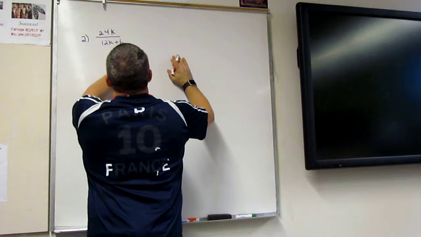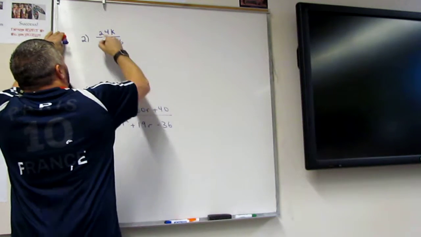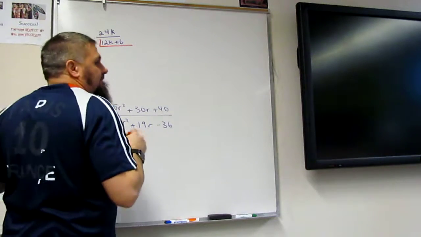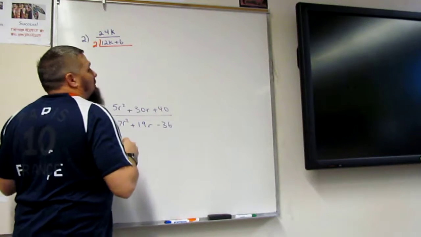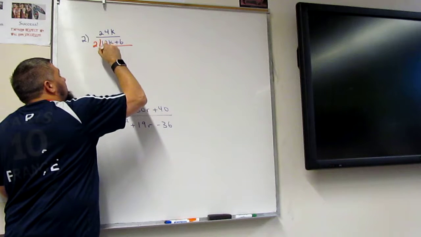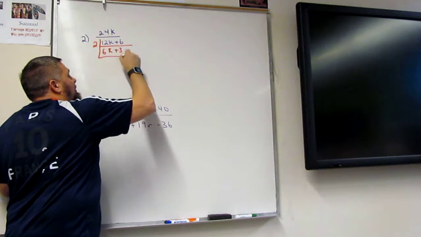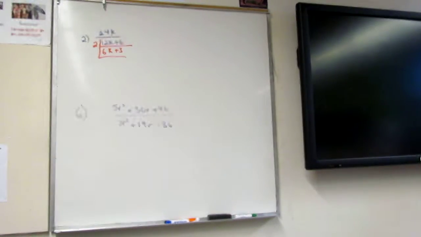Our first step is to break them down. 24k over 12 and 6. What goes into 12 and 6? 2. 2 goes into 12 6 times. 2 goes into 6 3 times. Does anything go into 6 and 3? 3.